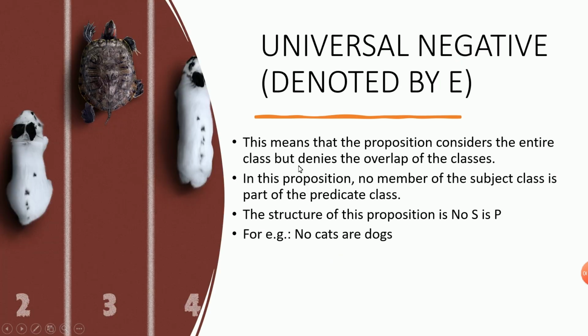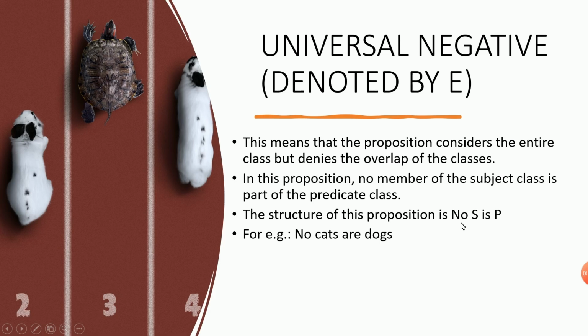Again, for universal negative, both circles are separated. They do not even intersect. That means two different circles. So this means that the proposition considers the entire class but denies the overlap of the classes. In this proposition, no member of the subject class is part of the predicate class.